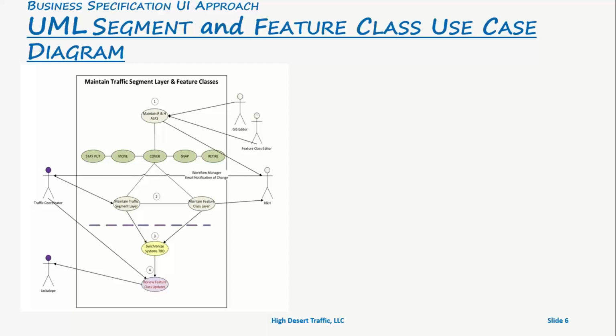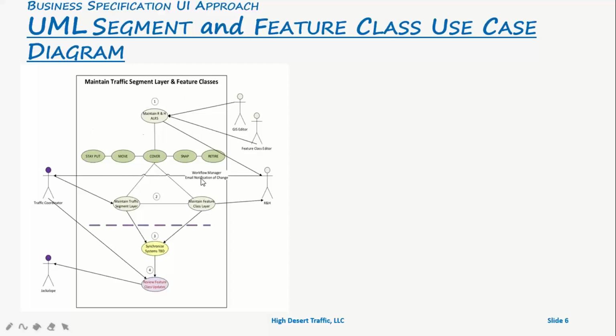That dashed line really represents, as you can see through the color coding, above the line, or below the line. Everything above the line is Roads and Highways. It's use cases in Roads and Highways. It's your activities that are triggered, your events, the actors, meaning the people, the GIS editors, Roads and Highways.